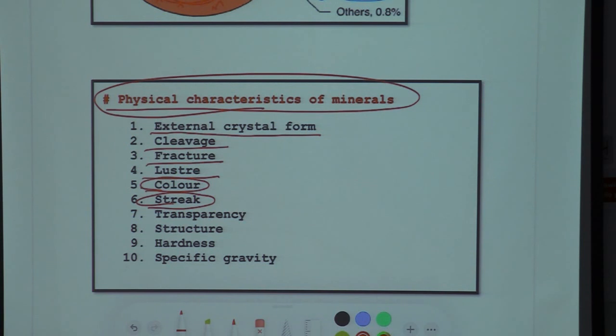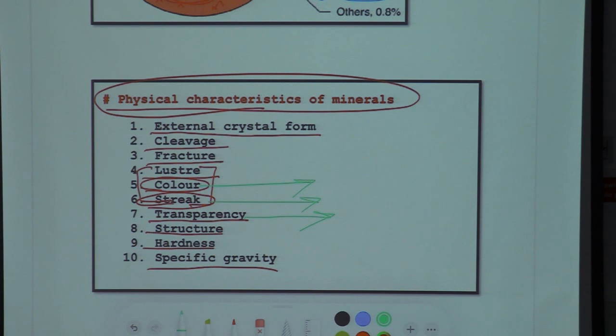streak. Try to see that lustre, color and streak can be combined together. Transparency, structure, hardness and specific gravity. When I say what are the 10 constituents of physical characteristics of minerals, we normally very easily talk about color, streak and transparency.